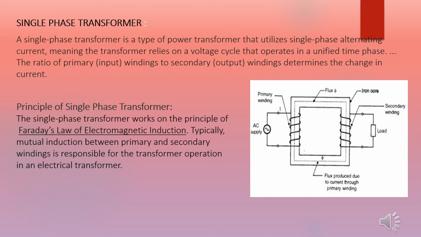This flux will be responsible for generating an induction value on the secondary winding side or the output side. This is called as mutual induction. So the single phase transformer works on the principle of electromagnetic induction, mutual inductance between the primary winding and the secondary winding.